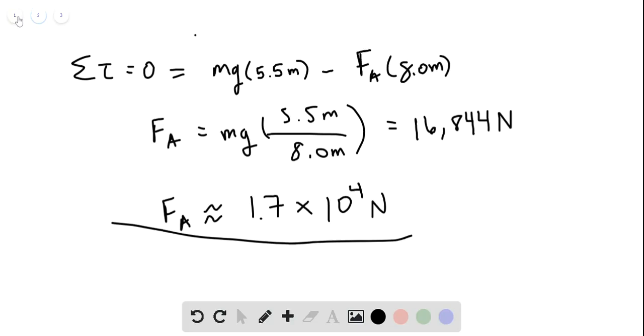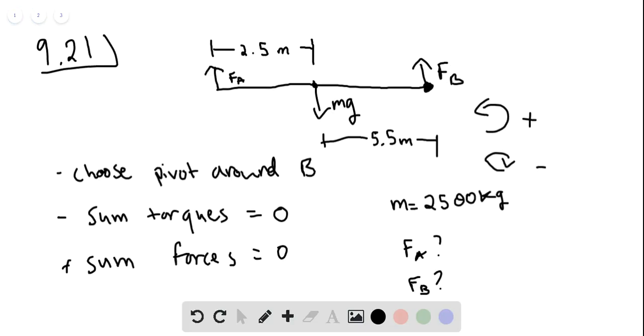So where did these come from? Well, if we choose the pivot point around here, and I forgot to say that I'm calling any counterclockwise torques positive and clockwise torques negative. Then if I imagine the bar here falling, this free body diagram, a torque is going to be created anytime there's a force acting at a distance, and we see that there's only two places because there's no distance between the pivot and itself.